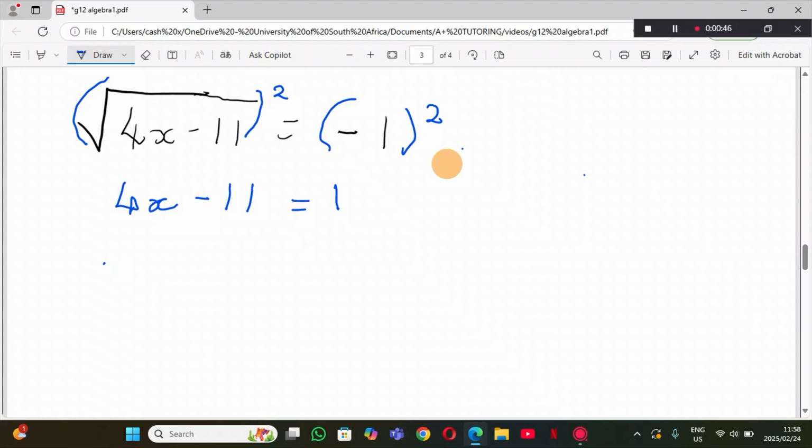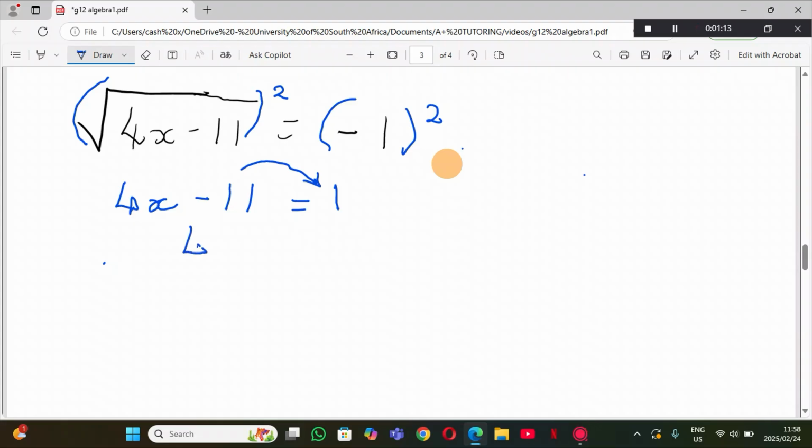Anything that does not have x has to leave. We only want x on one side and whatever else on the other side. So in this case, x is living with minus 11, right? But because we only want x to be living alone, we have to kick out minus 11, and minus 11 is jumping to another country. So now when minus 11 jumps to another country, she becomes positive.